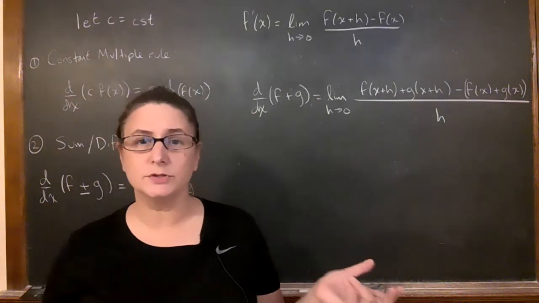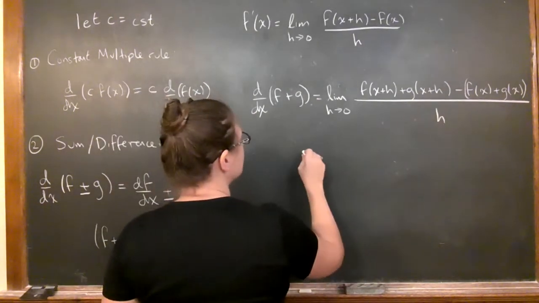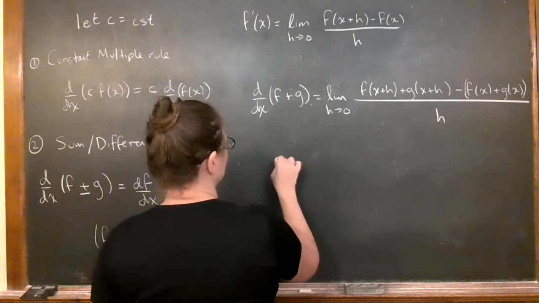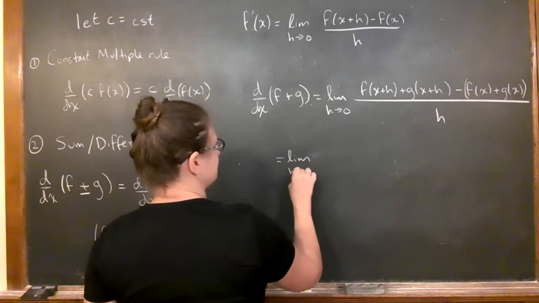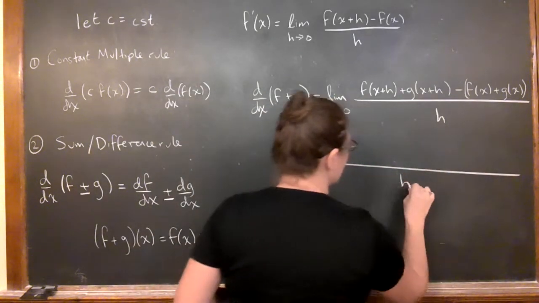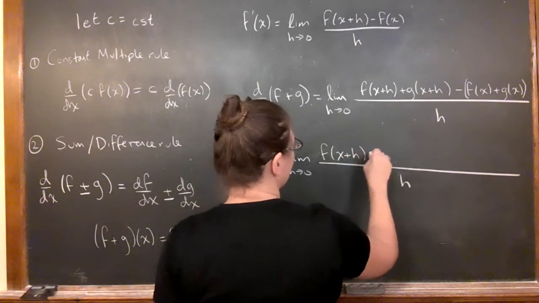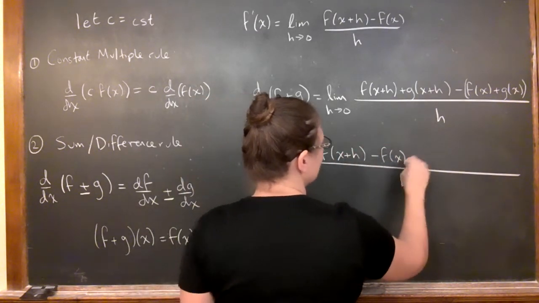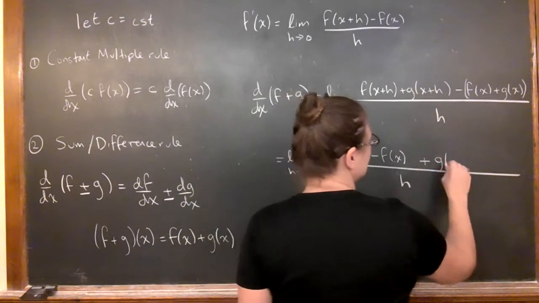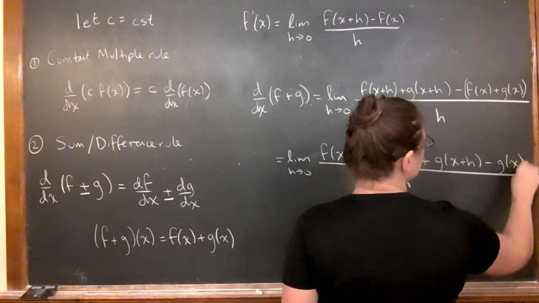So all I have to do is rearrange my terms. I'm going to put it over here so I have a little more space. I'm going to put the f's together and the g's together. F of x plus h minus f of x plus g of x plus h minus g of x, right?